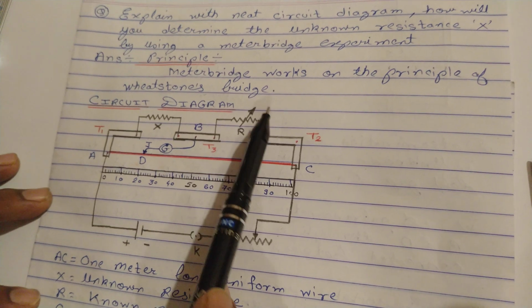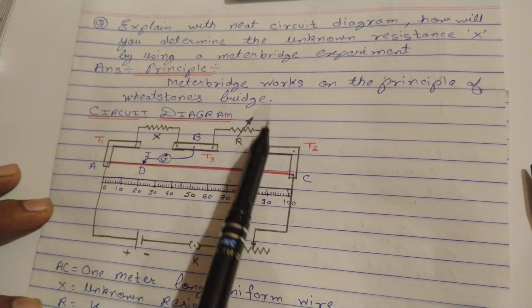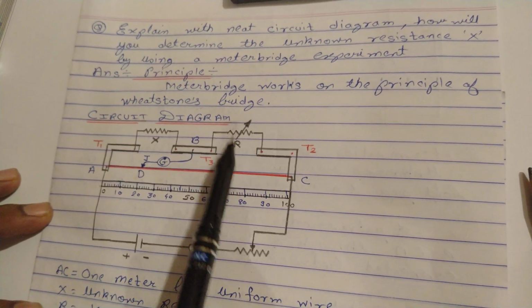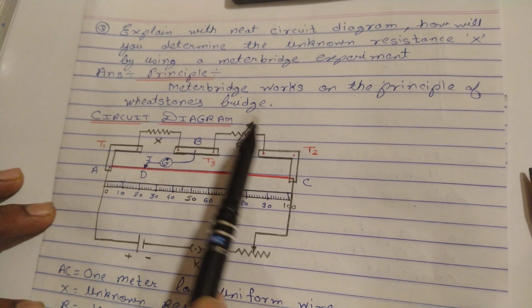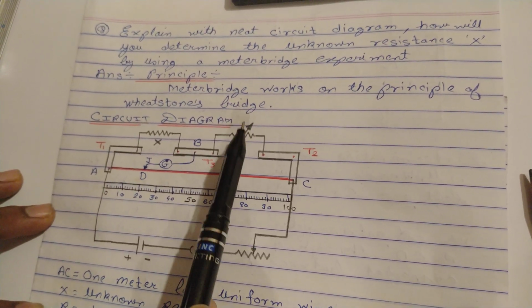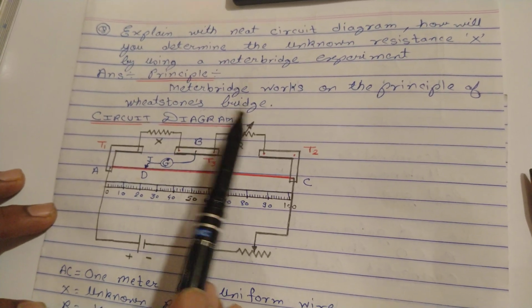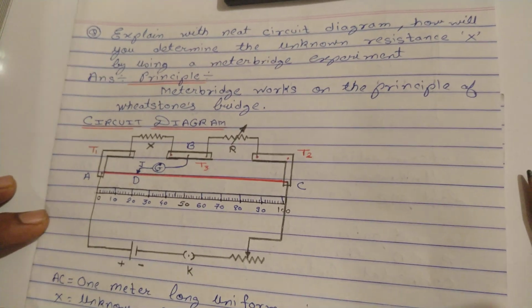The value of this resistor is going to be known. We will consider any value over here. When I explain the working, at that time I will give the idea of how we consider the known value of this resistor.